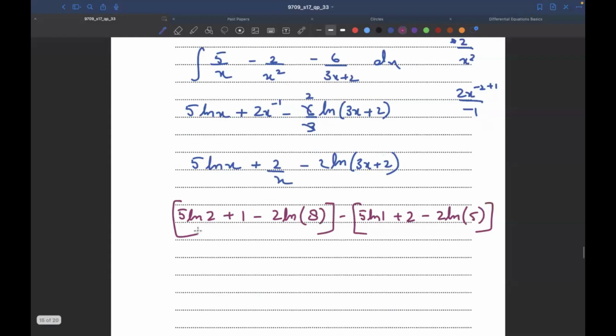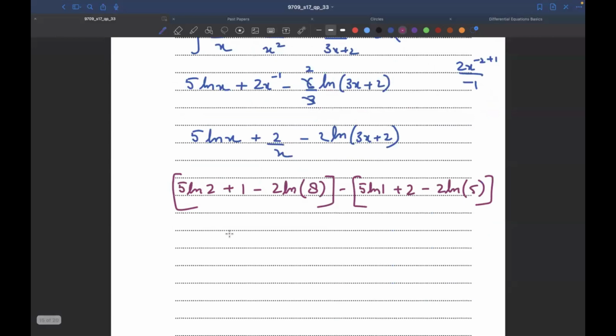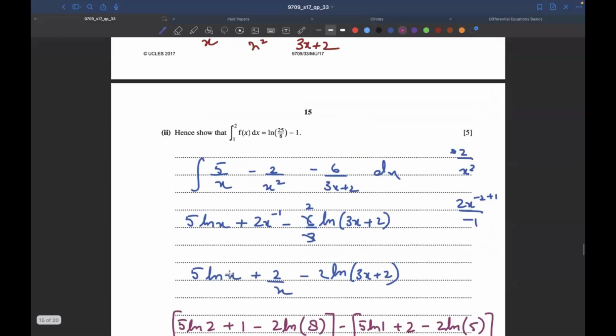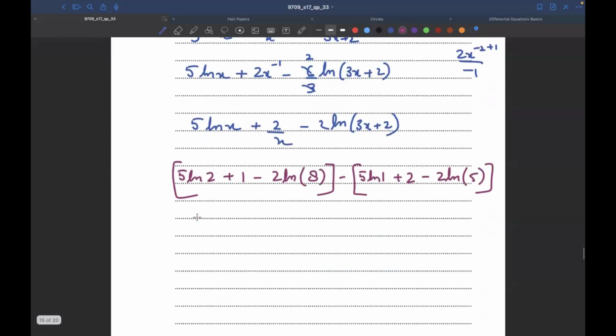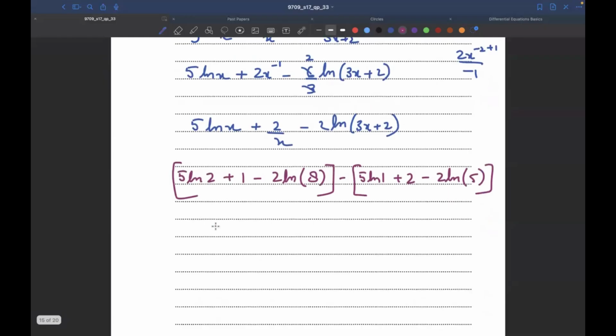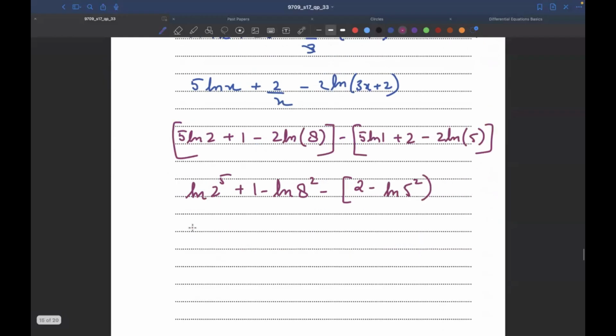All right. Now, once we have this, we have to give this as ln of 25 upon 8. First we can write 5 ln 2 as ln of 2 to the power 5, plus 1 minus ln 8 to the power of 2. Ln 1 is 0, so we can ignore that. And this will be 2 minus ln of 5 to the power of 2. Simplifying this, 2 to the power 5 is 32.